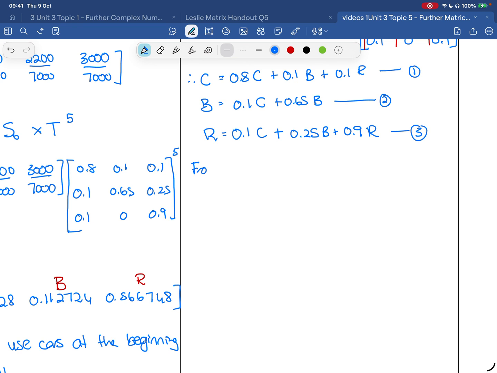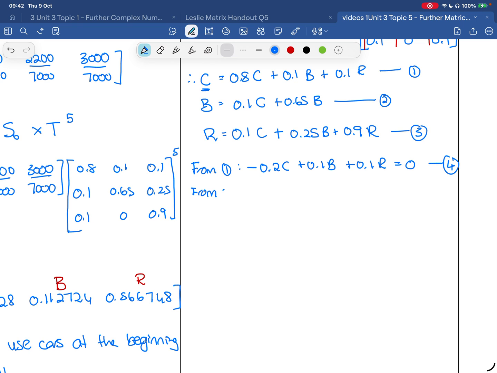So from equation 1, I'm going to take the C over to the other side, so that I have negative 0.2C plus 0.1B plus 0.1R is equal to 0, and I'm going to make that equation 4.